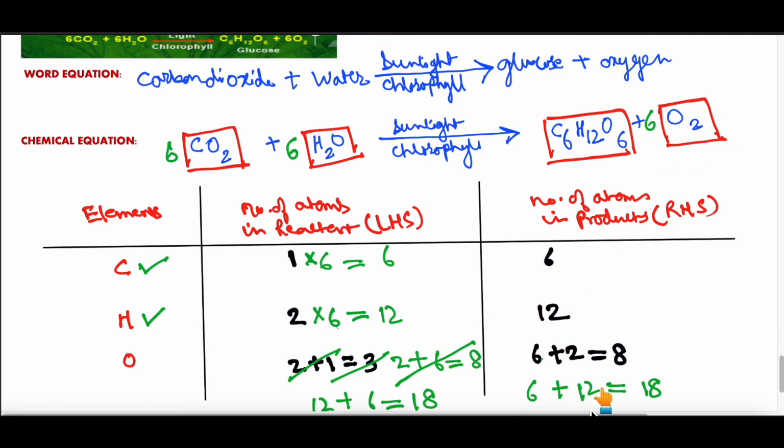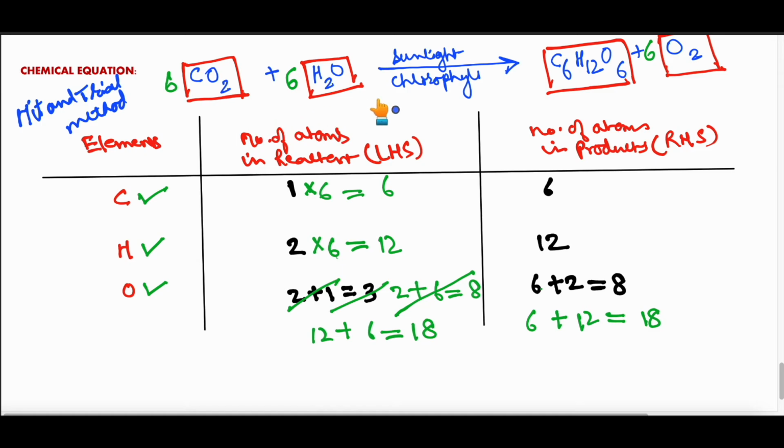So 12 plus 6 makes 18. So here oxygen is also balanced on both sides. Now the balanced chemical equation is 6 CO2 plus 6 H2O, in the presence of sunlight and chlorophyll, gives C6H12O6 plus 6O2. So this is the balanced chemical equation by the hit and trial method.